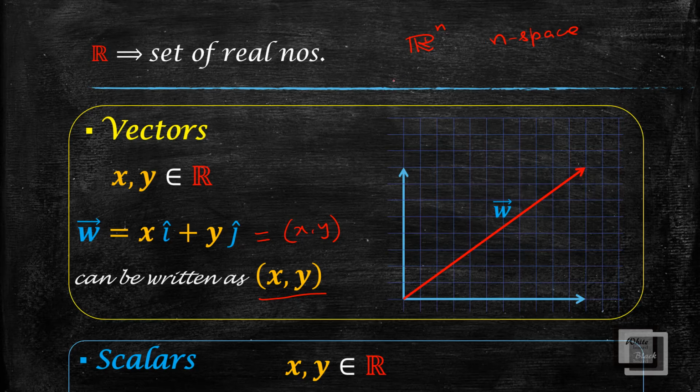The vectors of R^n are written in the form u equals (a1, a2, and so on, an), where the ai are scalars that come from the set of real numbers R. We call ai the coordinates or components or entries or elements of the vector u.